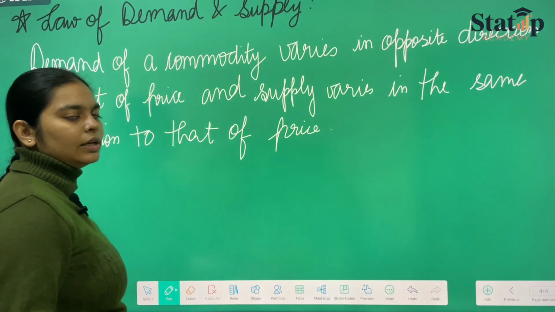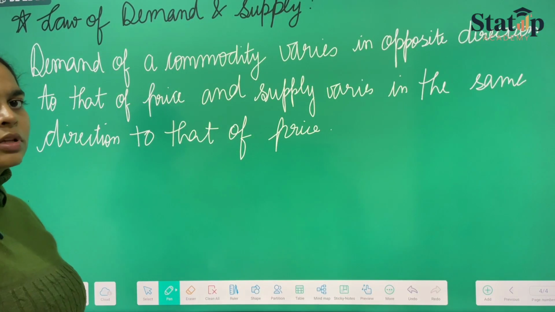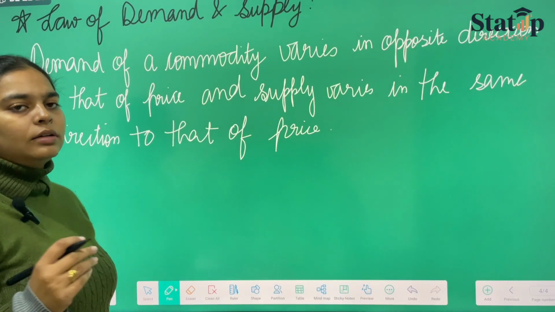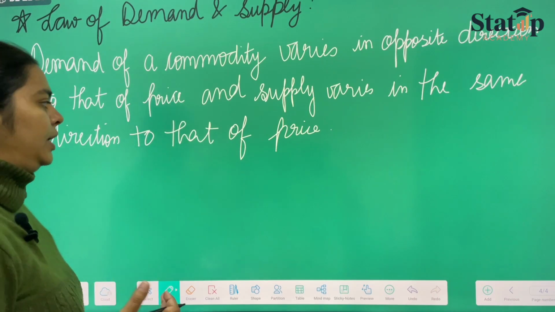As we have seen in the two graphs, demand varies inversely with price, and supply varies directly with price.